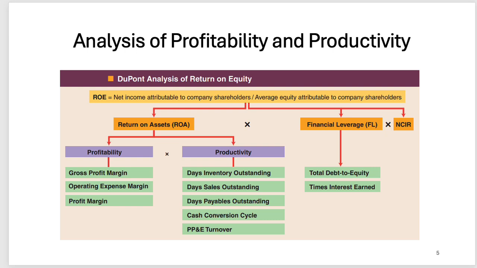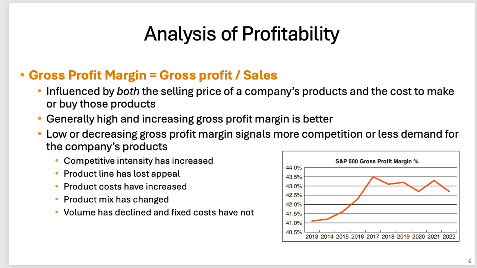And then productivity gives you some gradations as well, as you can see on the right-hand side under the purple productivity, which is primarily manipulation of the cash conversion cycle or improvements you can make there, as well as perhaps long-term PP&E turnover. So that's really what we're looking at in the next couple of slides.